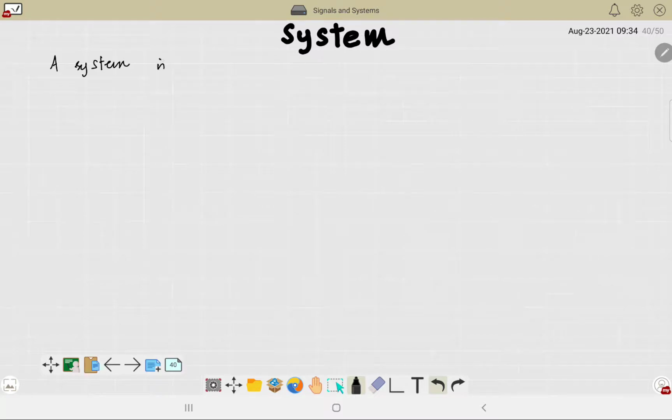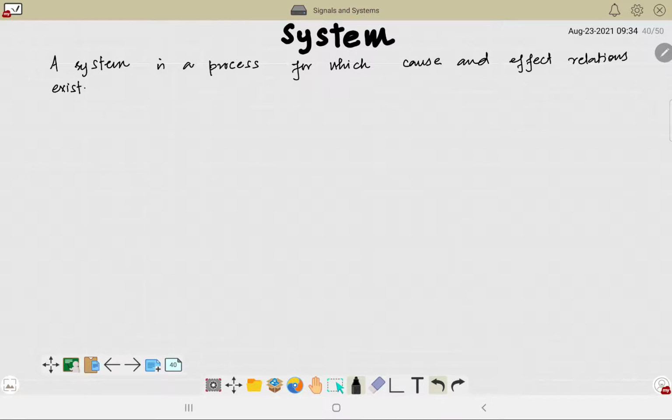A system is a process for which cause and effect relations exist. Fine. It's a kind of a general qualitative definition for a system.